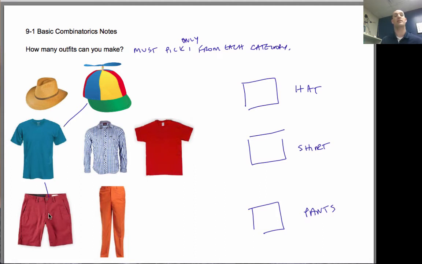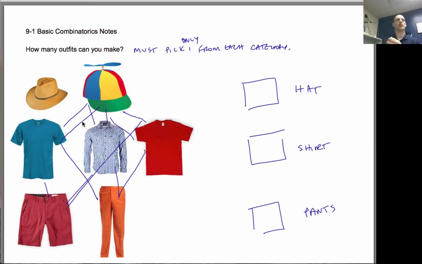And this pair of pants, that's 1. But I could also take this hat and put it with this shirt and this pair of pants, that's 2. I could take this hat, put it with this shirt, and this pair of pants, that's 3. But then I could go through and say, well, this hat could go with this shirt and this pair of pants, this one and this one, this one and this one. I'd have a whole lot of lines here, wouldn't I?